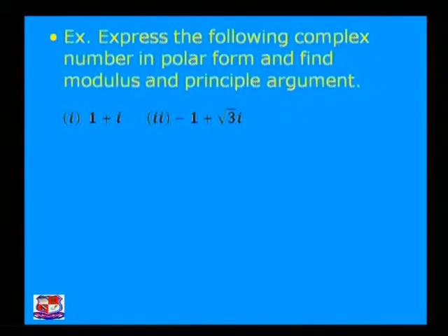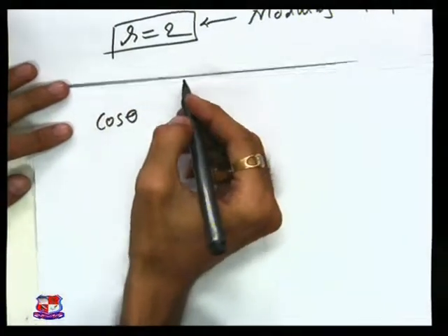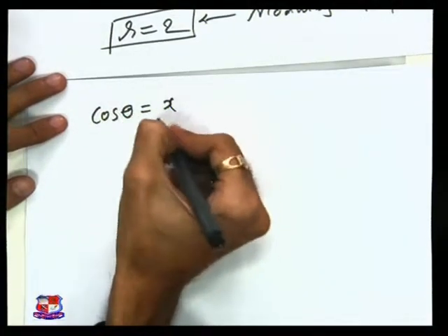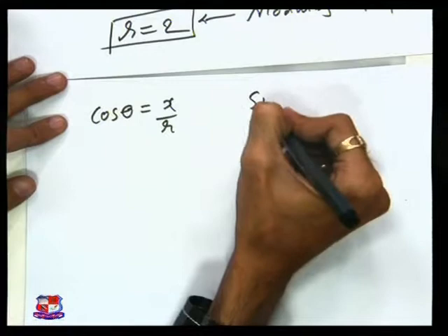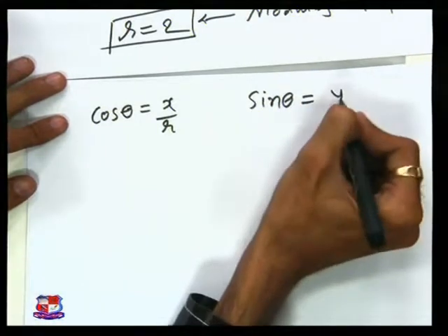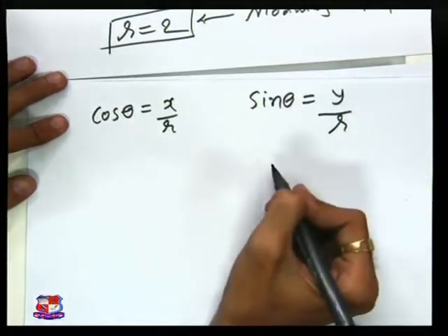Now I am going to find the principal argument for the given complex number minus 1 plus root 3 i. So first I will find the value of cos theta. Here cos theta is equal to x upon r and sin theta is equal to y upon r.